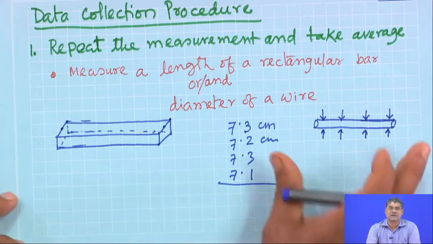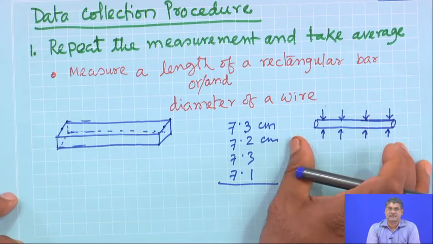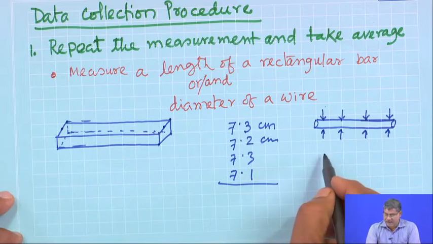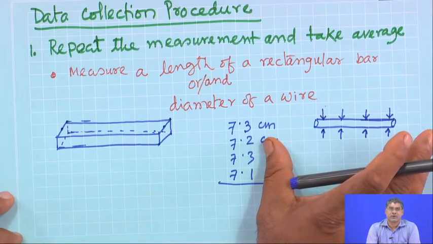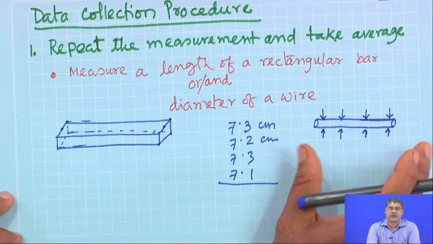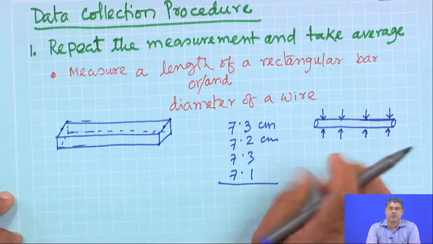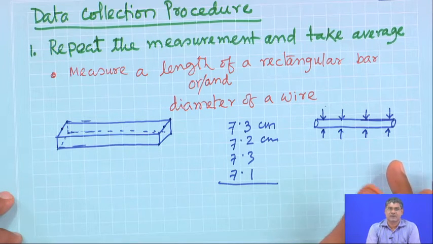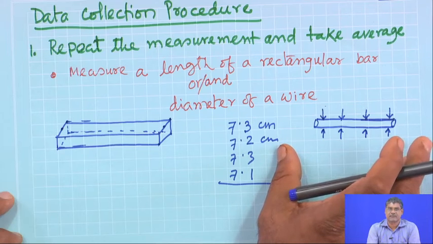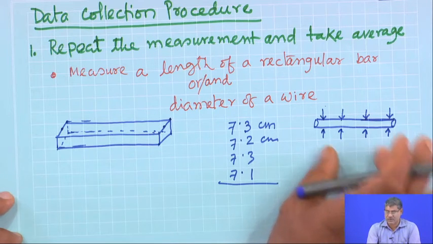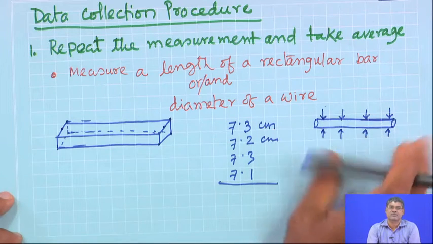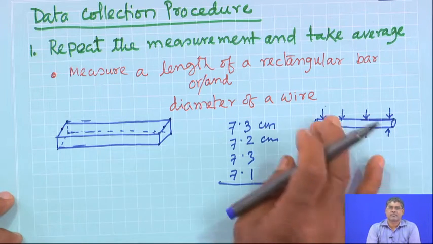In this case you will use a screw gauge. Again I will take 3, 4, 5 readings depending on length. It is not fixed that you repeat 3 times, or 4 times, or 2 times. You have to decide, and there should be logic behind it. If the length is higher, I should take readings at more points.